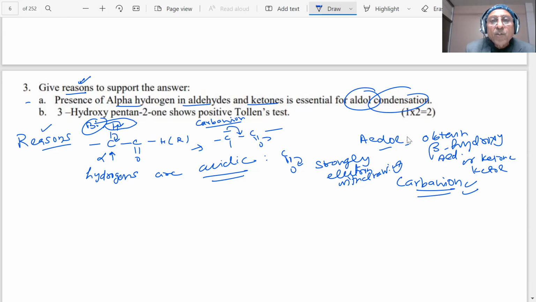This gets resonance stabilized. So here, students, you can see that this is the resonance stabilization of the carbanion.